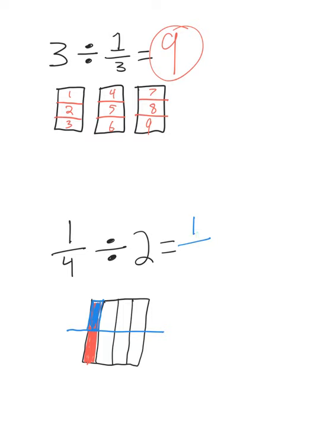So by dividing 1/4 in half, I have a piece that is 1/8 of the shape. Our model on this first page told us that 3 divided by 1/3 was 9, and 1/4 divided by 2 is 1/8.